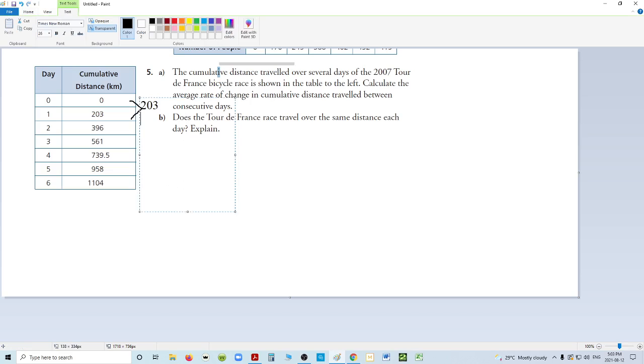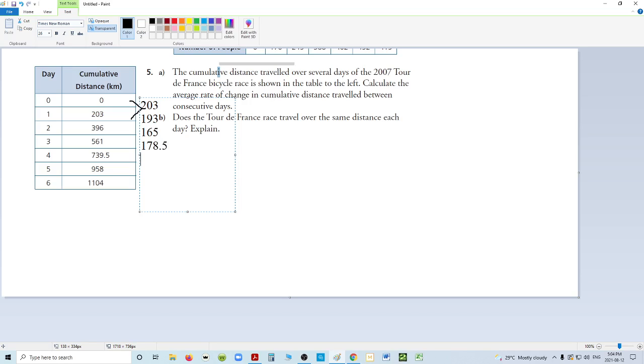The next one I'm going to get 193, and the next one I'm going to get 165, and the next one 200, 100. That's a tough one. 40. That would be 179, but it's not. I believe that's right.